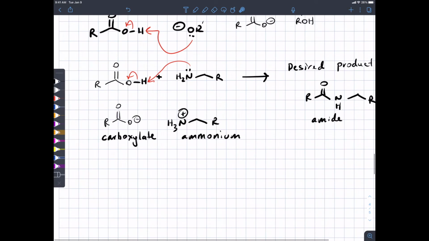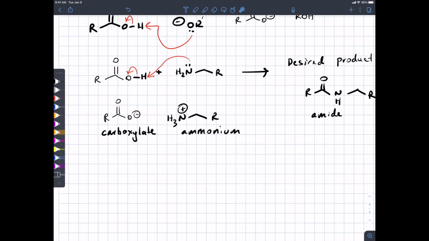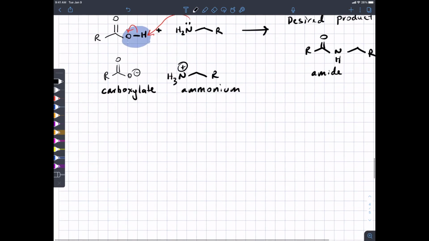It's going to be similar to acid catalysis in that our ultimate goal is to convert this OH group into a good leaving group that doesn't have an acidic proton. So let me show you a couple of ways this is done.